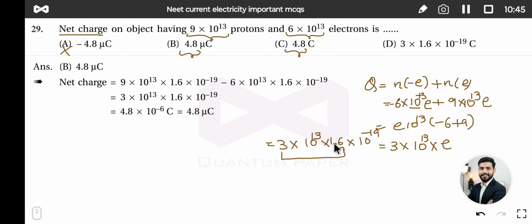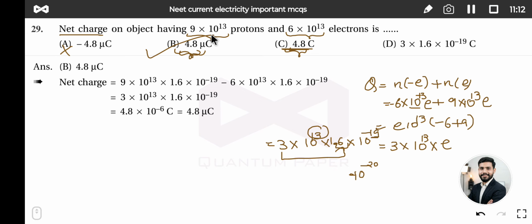If we remove this decimal, then this minus 19 becomes minus 20. So 10 raised to minus 20, and this 13 we have to add. So minus 20 plus 13, which is nothing but minus 7. So the correct answer is option B, 4.8 microcoulomb, because here only 4.8 is given. So the correct answer is B. Look at the next one.